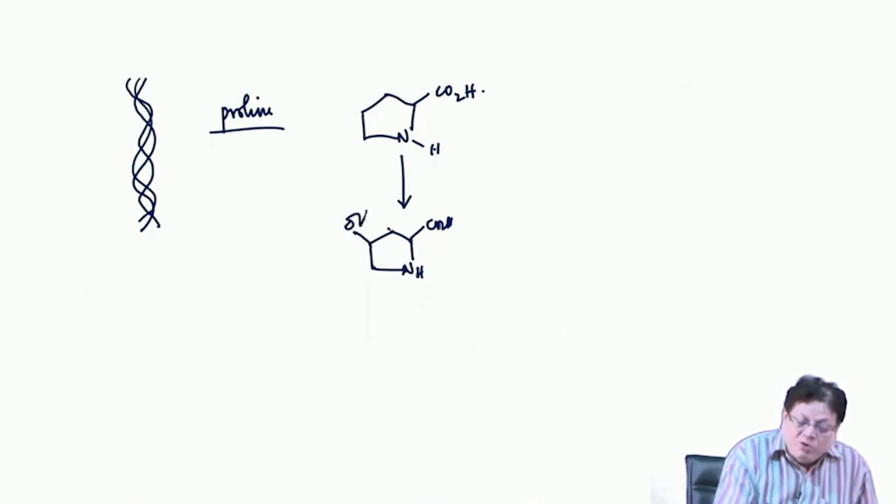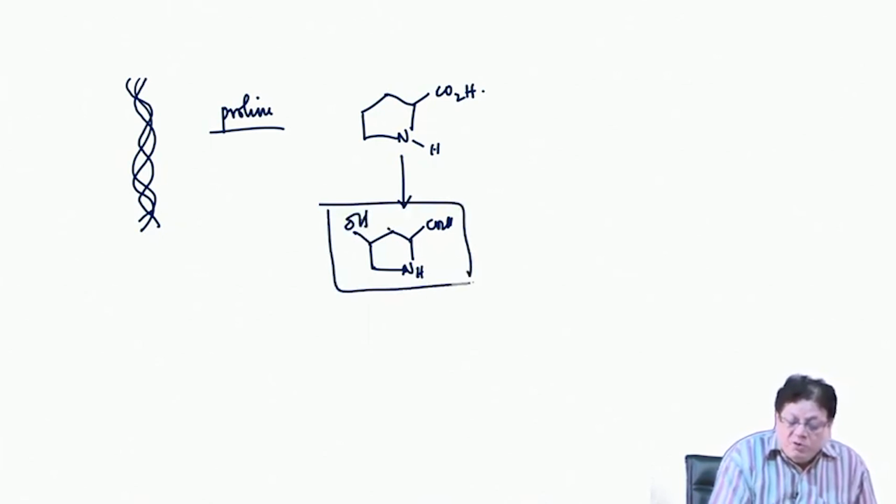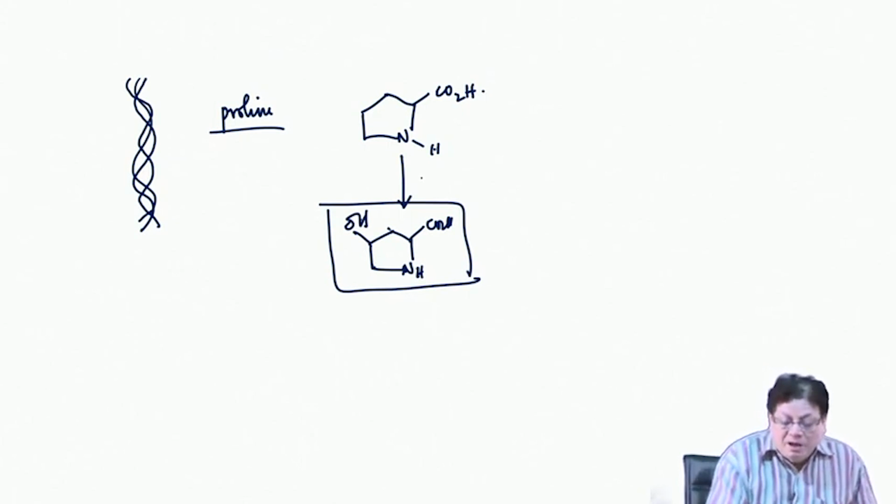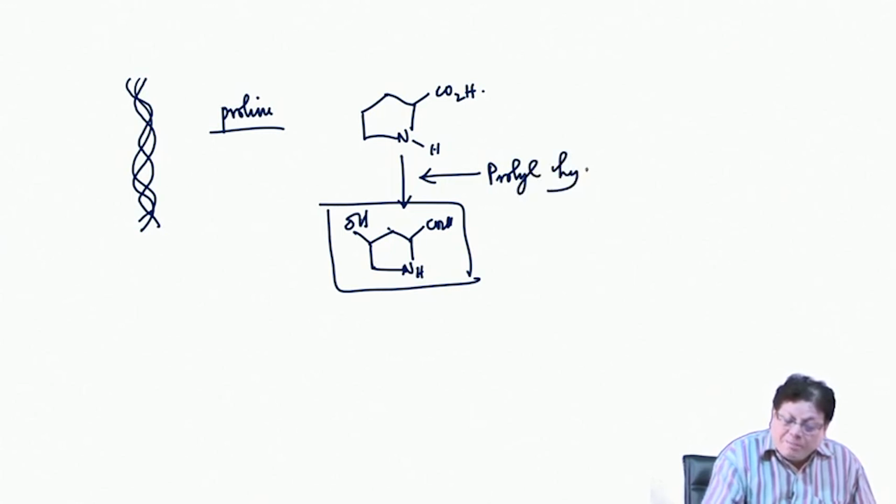So, there should be a hydroxy group here. This hydroxylation requires an enzyme called prolyl hydroxylase or proline hydroxylase. This is also abbreviated as PHD.